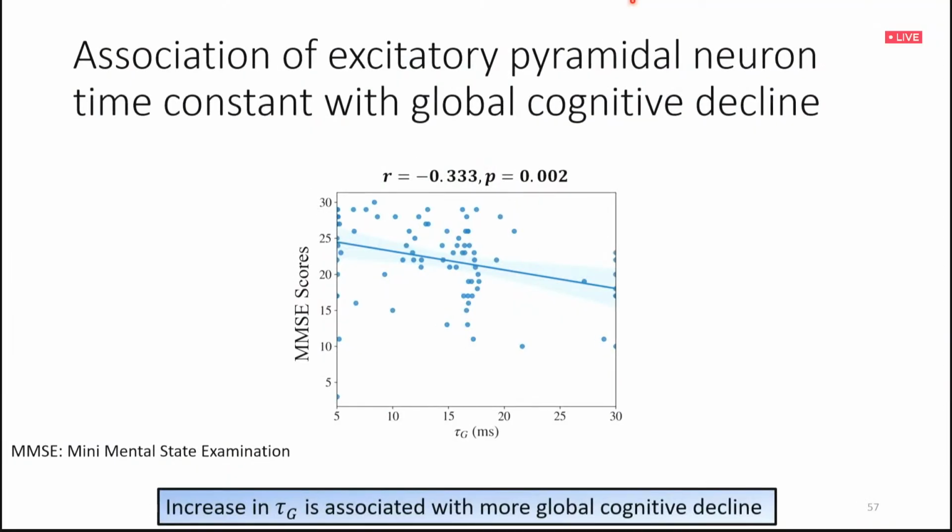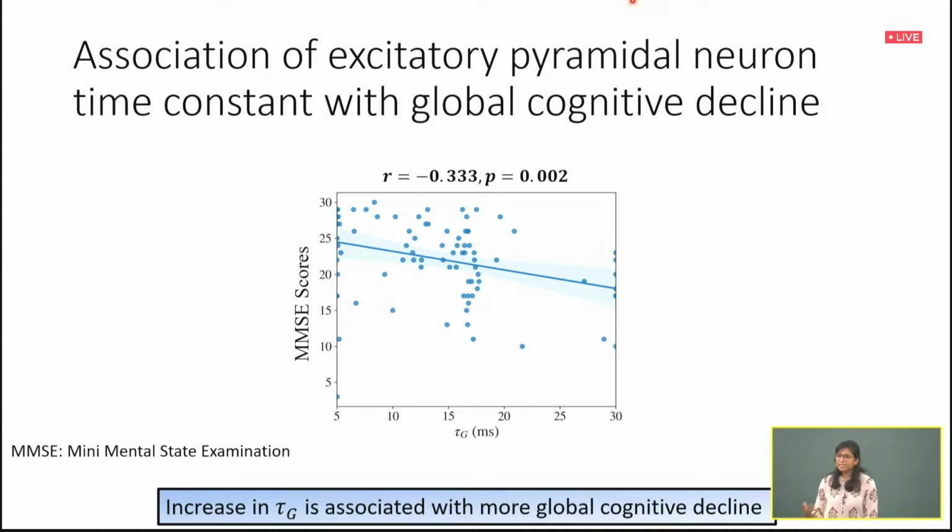All I want to tell you from here is that there's a relationship between impairment in long-range excitatory neurons and global cognitive decline in patients with Alzheimer's disease. So this is something we can try and infer using real neuroimaging data and applying a mathematical model.